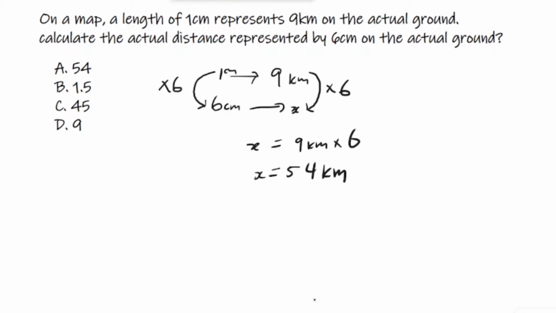Again, we just scaled up. If 1 centimeter is 9 kilometers, then 6 centimeters is how many kilometers? We just multiply by 6 to go from 1 to 6. So the correct answer is 54.